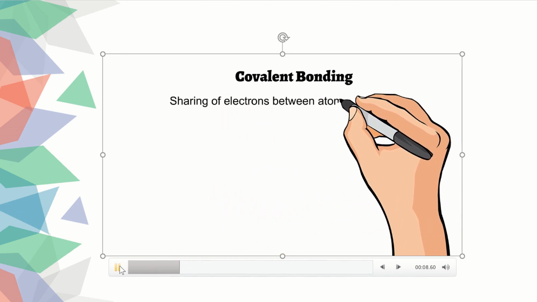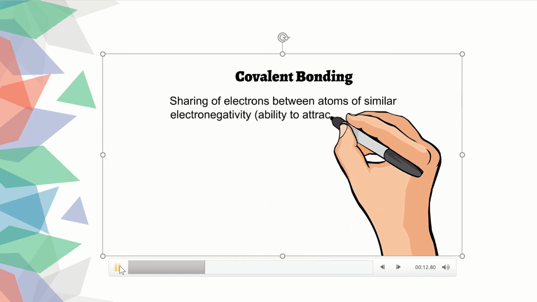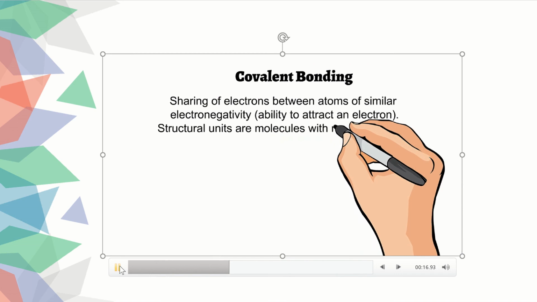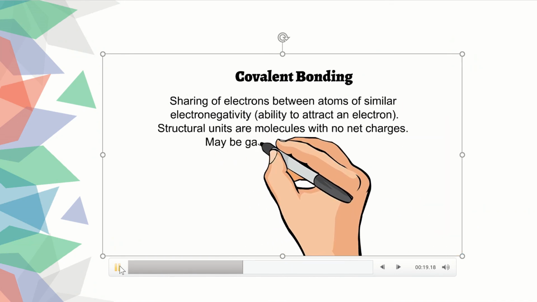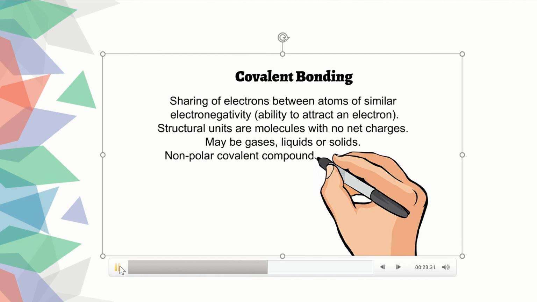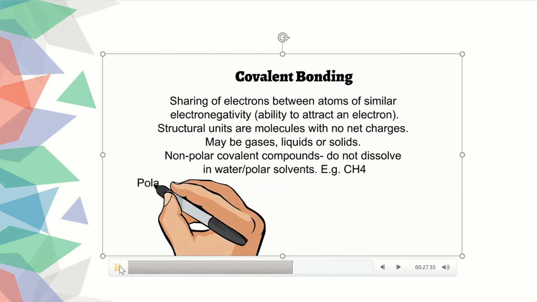So in this case, it's the sharing of electrons between atoms of similar electronegativity, and that is due to the ability to attract an electron. The structural units are molecules with no net charges, which can be solid, liquid, or gas, and we have polar and nonpolar.